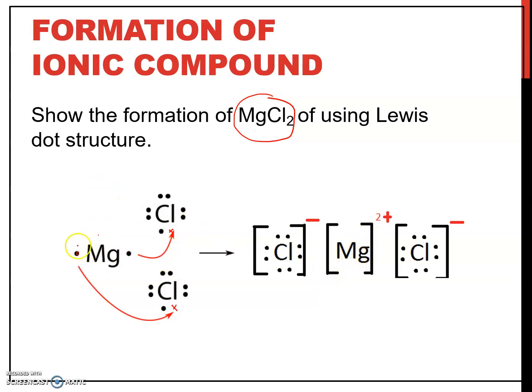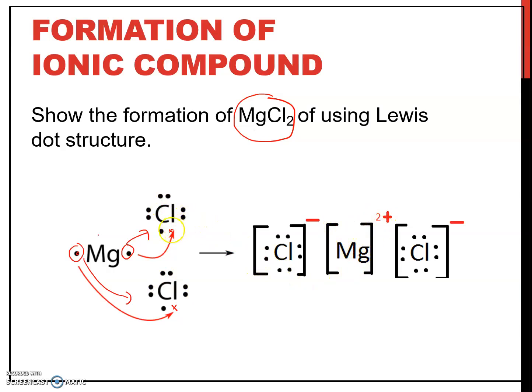Since magnesium has released two electron to transfer towards two atom chlorine, it will become magnesium 2 plus, with a bracket.